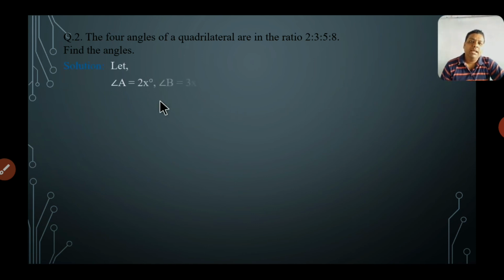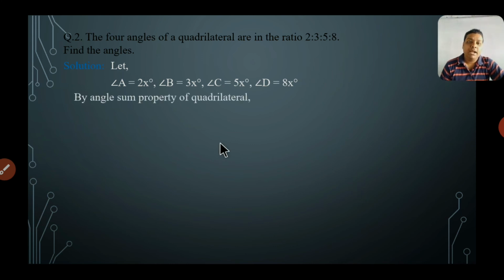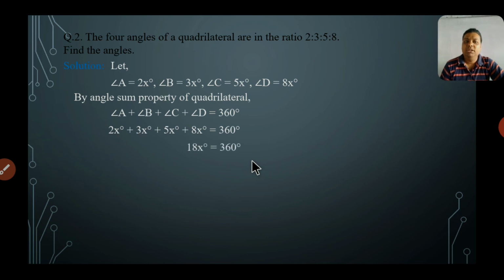Let angle A equal 2x degrees, B 3x degrees, C 5x degrees, and D 8x degrees. By the angle sum property of quadrilateral, all the angles equal 360 degrees. So 2x plus 3x plus 5x plus 8x: 2, 3, 5 makes 10, plus 8 is 18x degrees equals 360 degrees. Now 18 will go to the other side, and dividing 360 by 18 gives 20. So the value of x is 20 degrees.